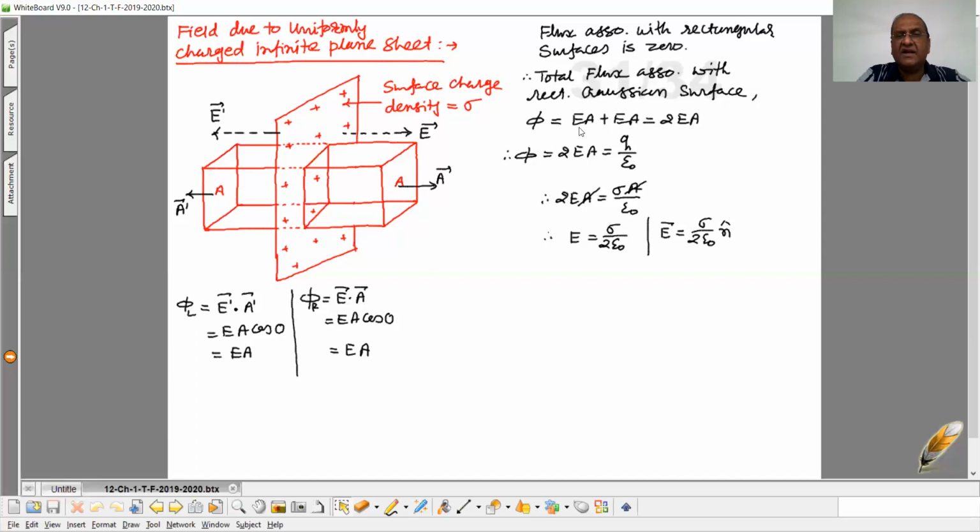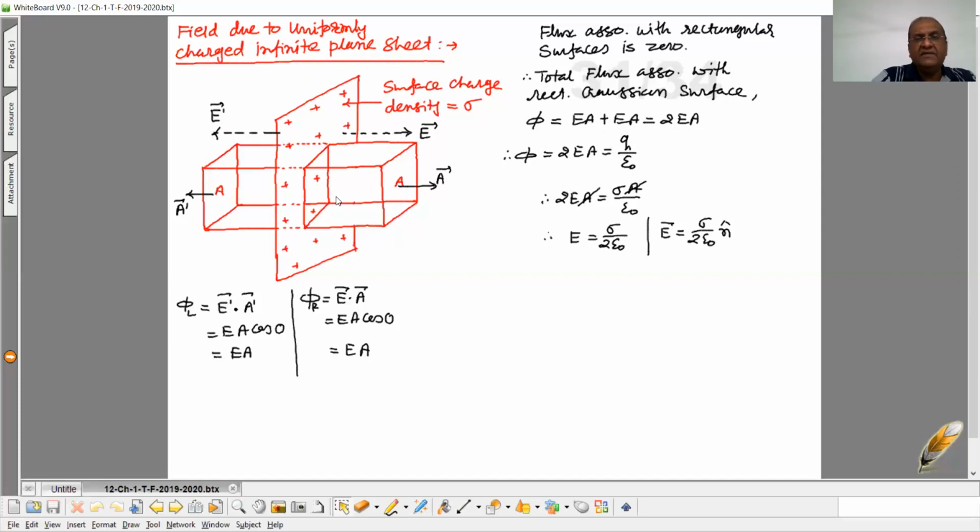So simply we can write phi is E A plus E A, that is 2 E A. And as per Gauss's theorem, that is equal to Q upon epsilon 0, where Q is the net charge enclosed by this Gaussian surface.